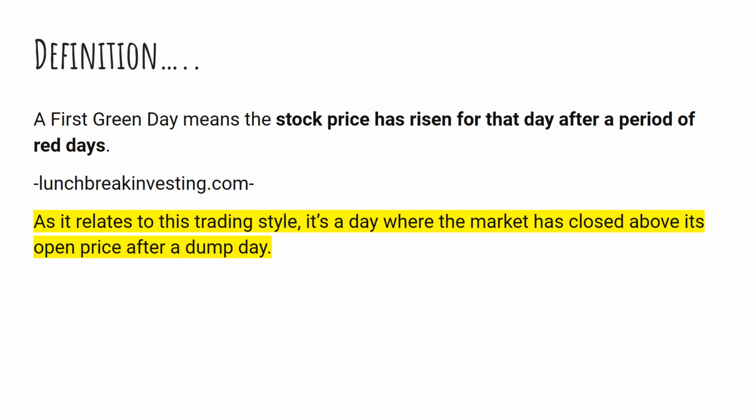But as it relates to this strategy and style of trading, simplified, it's a day where the market has closed above its open price after a dump day, meaning price would have fallen the day before or several days before. You would have had lower prices coming into this day, and then today you would have had price closing above its opening price for that day.